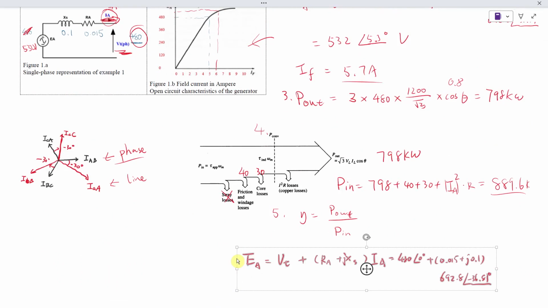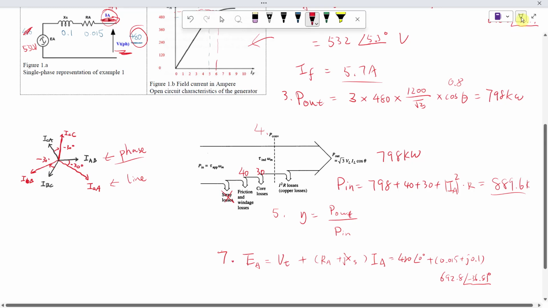Okay. So for number 7, the internal voltage EA is still equal to this one, but this time the angle changes. Okay, instead of lagging, we got a leading current.